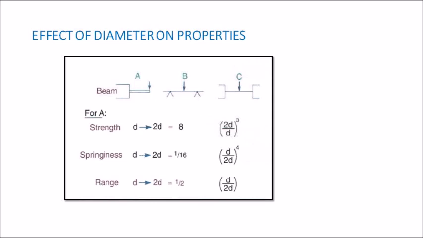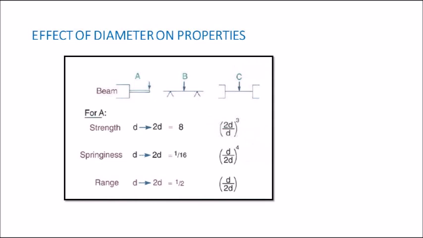So if the diameter is increasing by 2 times, the springiness changes as the fourth power, and it is inversely proportional. So when the diameter increases by 2 times, the springiness is reduced by 1 by 16 times.